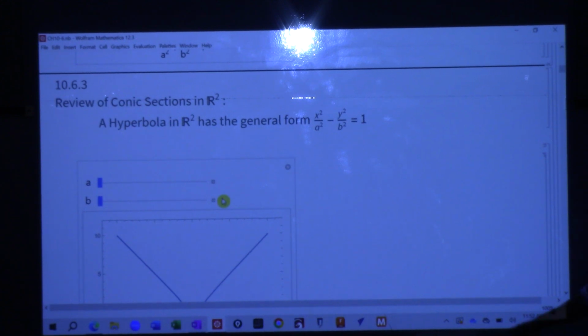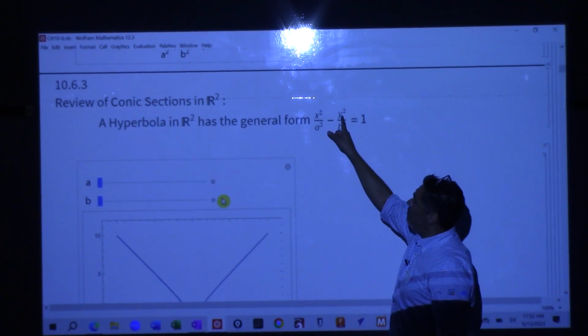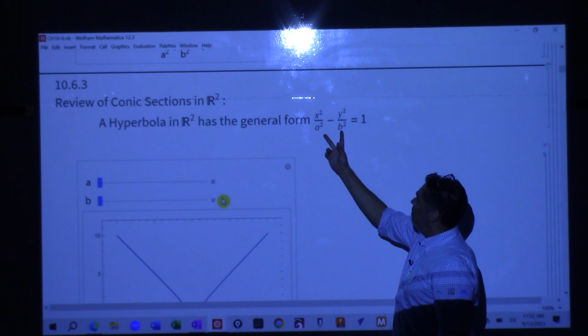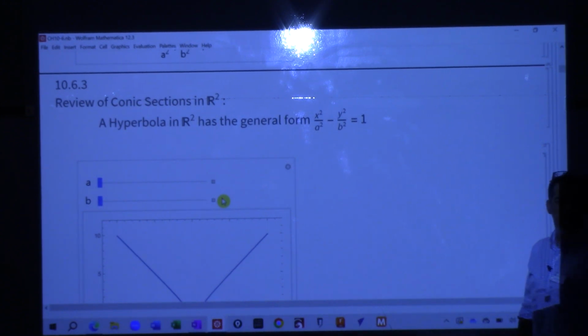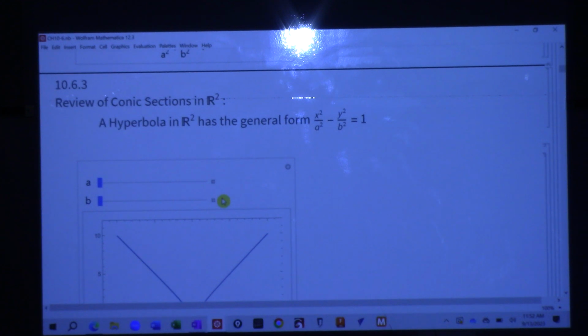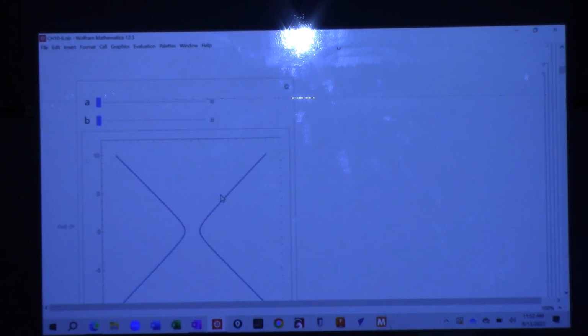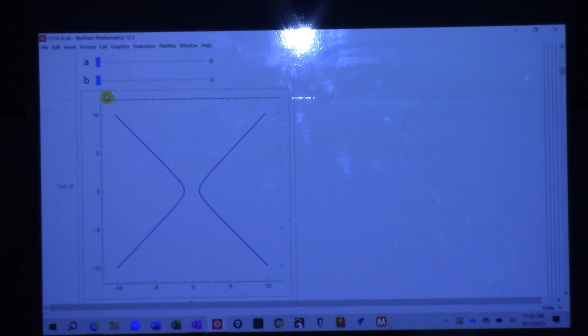What if we change it, and we have the two variables in here, they're both squared, they're both divided by a number, it's equal to 1 still, much like an ellipse, but we change it to a minus. That one small change of a subtraction between them changes the graph completely. We no longer have an ellipse, we have a hyperbola. These are called your conic sections. Again, we're not trying to memorize this.